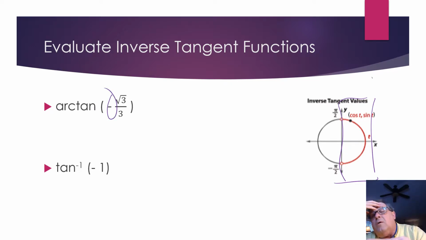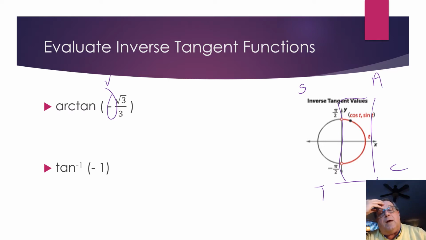Remember that all students take calculus, which means if I'm only dealing with this right half, and I've got a negative value of the tangent, I know I'm down here in the fourth quarter, that bottom right half.